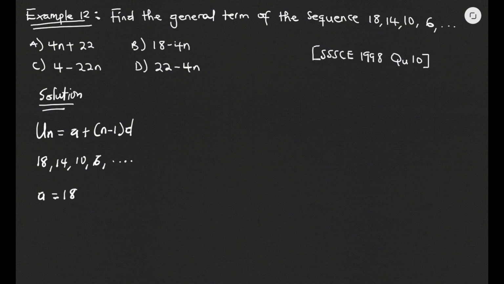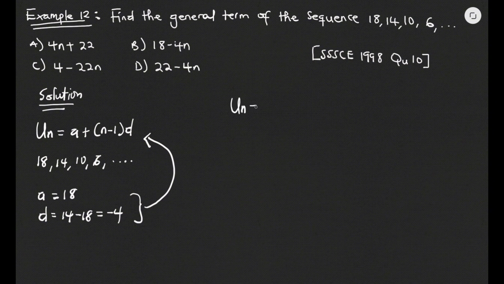My difference in this case, let me use the first two numbers, will be 14 minus 18, and that will give me negative 4 because it is decreasing, so it makes sense. I don't know my n, but I'm asked to find the general term, so that is not needed. So from here I use these two values, I substitute them into this equation, and then we get our answer.